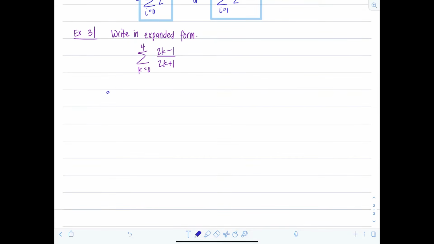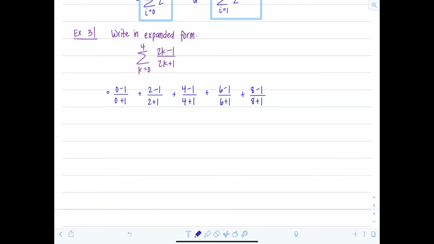So we're going to have (0 minus 1) over (0 plus 1) plus, now substituting in 1 for k, I'm going to have (2 minus 1) over (2 plus 1). Then I'm going to plug in 2 for k, so (4 minus 1) over (4 plus 1). Then 3, so (6 minus 1) over (6 plus 1). And then I'm going to stop at 4, so 4 times 2, that's (8 minus 1) over (8 plus 1).